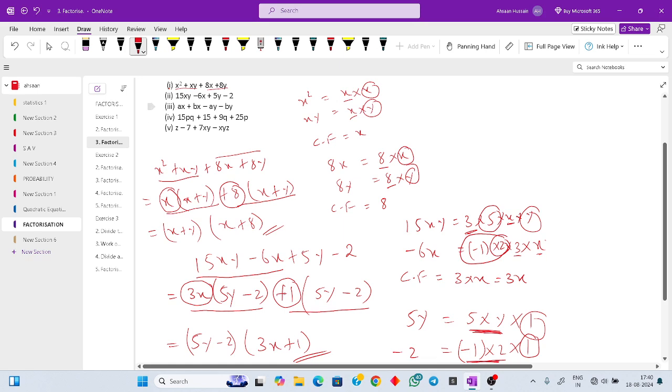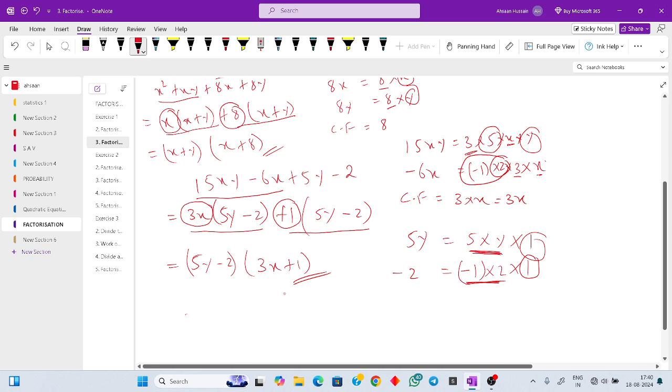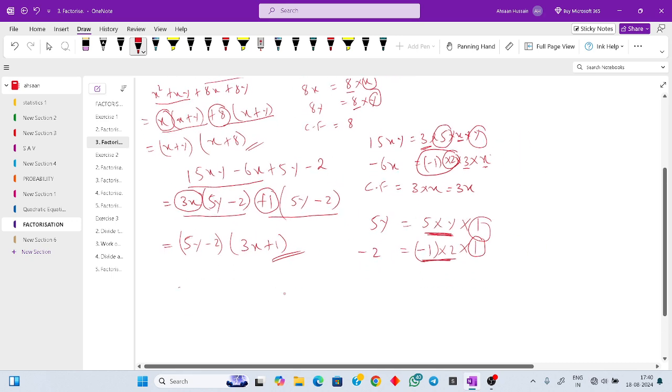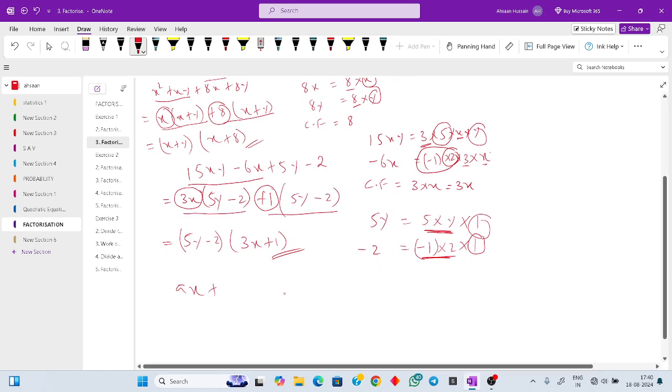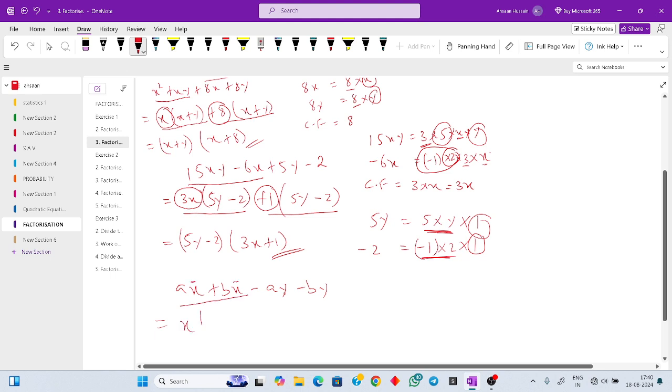Then ax plus bx minus ay minus by. Now see what is the common between these two terms. This x is common, so we'll write x. What is left here?